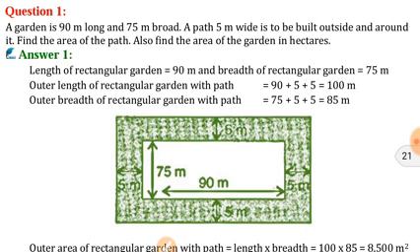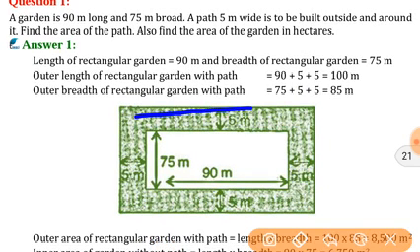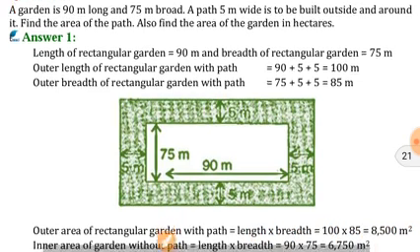So the length of the rectangular garden is 90 meter and the breadth is 75 meter. Our length of the rectangular garden with path is 90 plus 5 plus 5, 100 meter. Our outer breadth with path is 75 plus 5 plus 5, 85 meter.